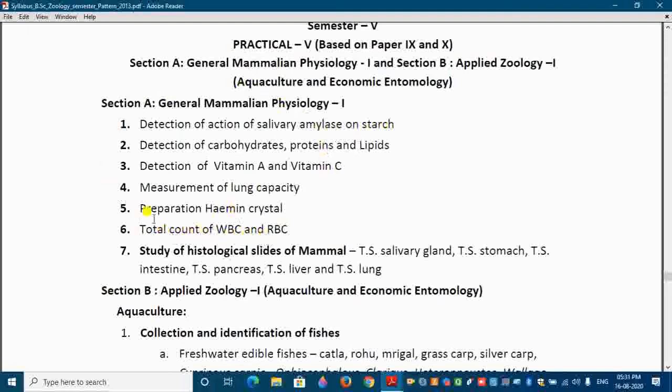Then there are histological slides of mammals: sections of salivary gland, stomach, intestine, pancreas, liver and lung. You have to observe all these permanent slides and note down their features. These are the histological slides.